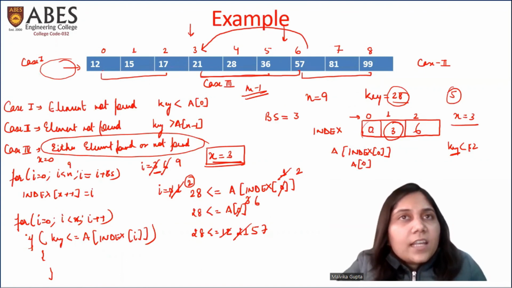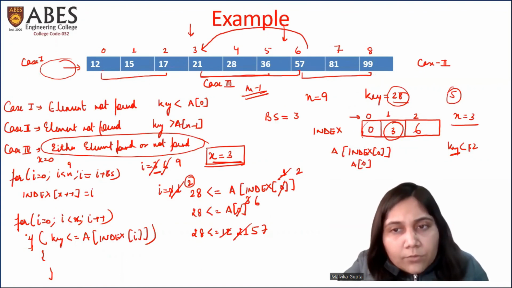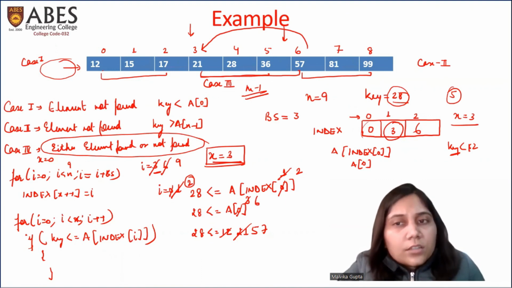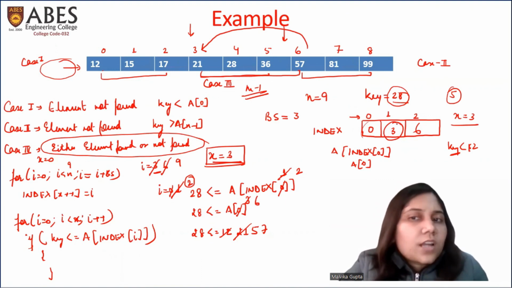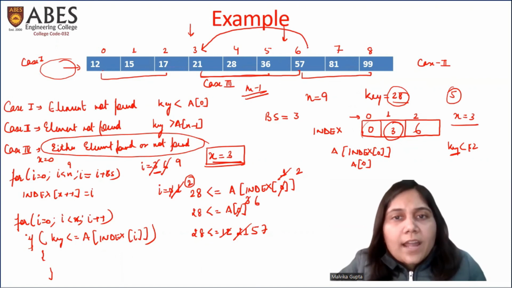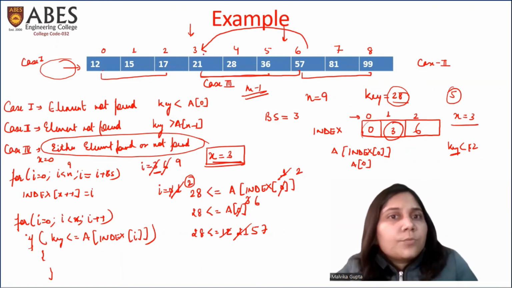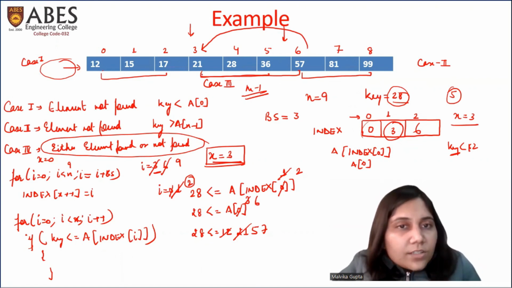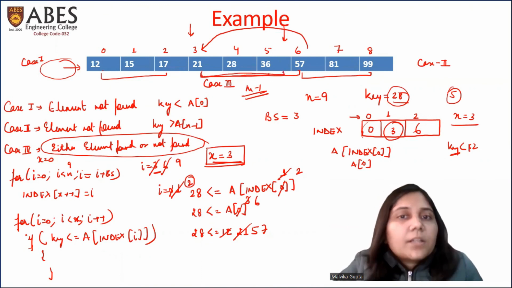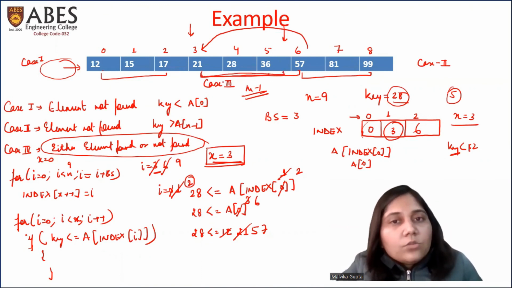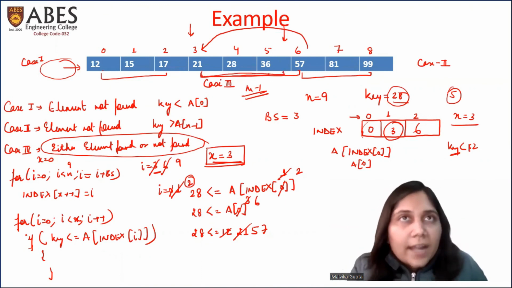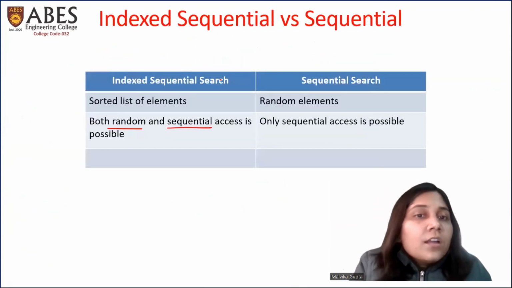We were accessing the elements through this. So if my element was in the block, the block started with the third index. So what I have done is I have just come back to the third position, and then I applied sequential search in this particular block. So that's how this will work, both randomly and sequentially.